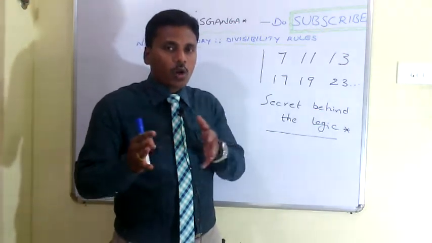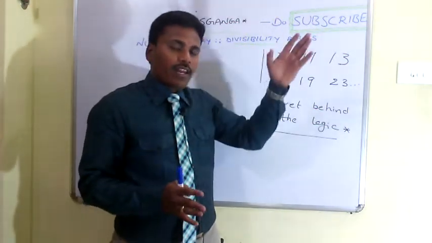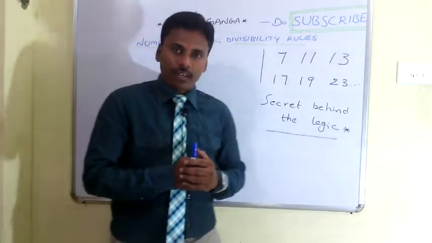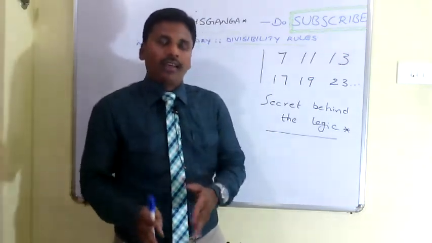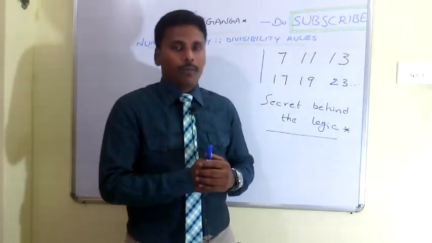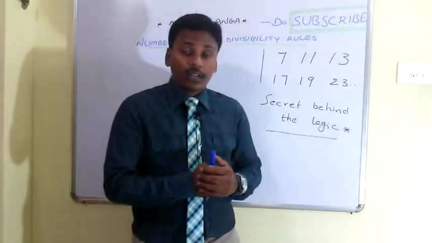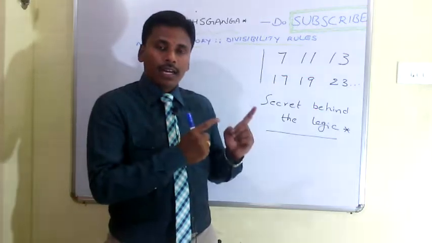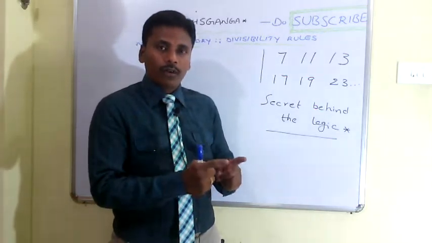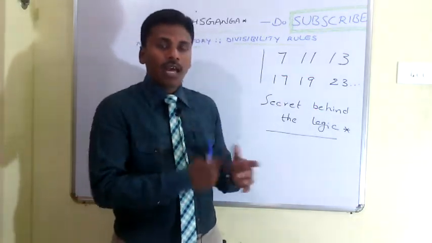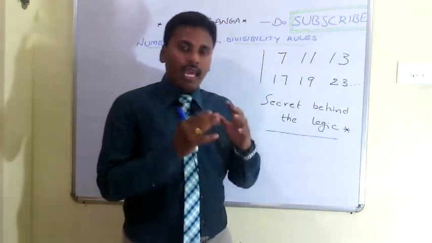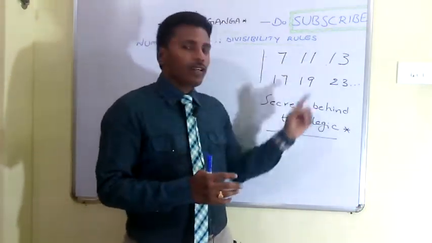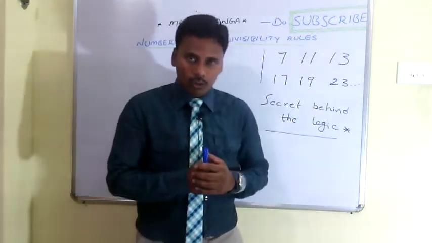If you reach a known 7 multiple, then the given number is also a multiple of 7. If it is not possible to get a 7 multiple in the process, then the given number is not a 7 multiple. The other divisibility rule for 7 is to multiply the last digit by 5 and add to the remaining number. Continue the process to reach a known 7 multiple. Like this, for each and every number, we discussed two divisibility rules.